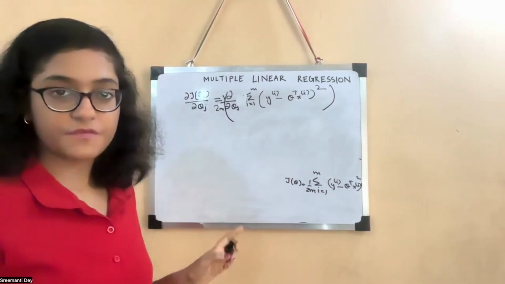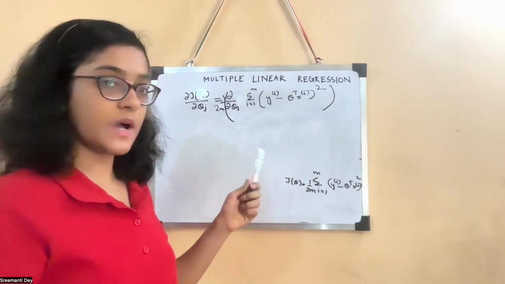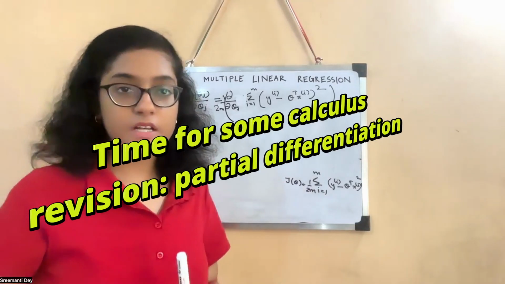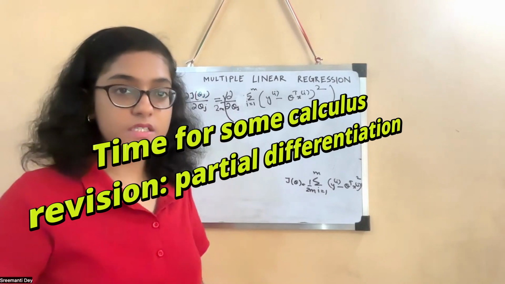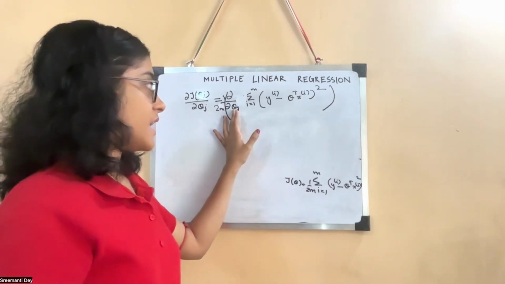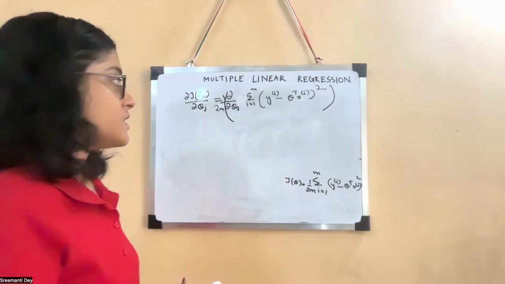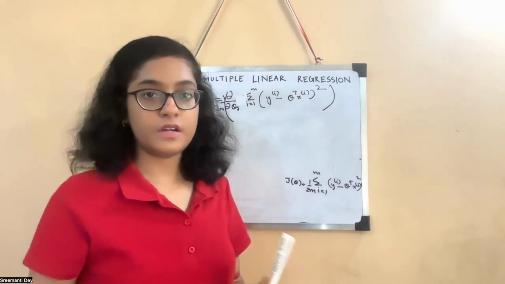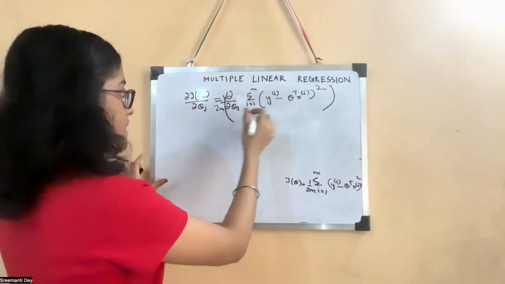So this is partial differentiation. Remember, we have all the thetas from 0 to n here. If you feel a little shaky, just remember that in partial differentiation we keep all the other terms constant except theta j, and we differentiate with respect to theta j. This is just a simple fundamental of partial differentiation. Great, now let's do that.